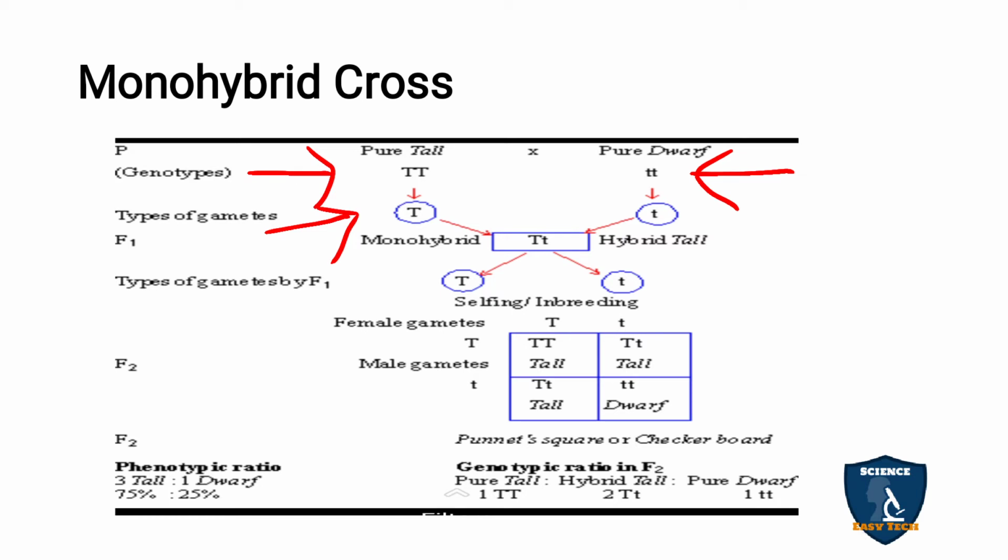That resembles the law of segregation. Next, after gamete segregation, these gametes fuse to form capital T small t, that is heterozygous tall. Here heterozygous tall means capital T small t, where dominant T is suppressing the recessive character. So here you can see the law of dominance.